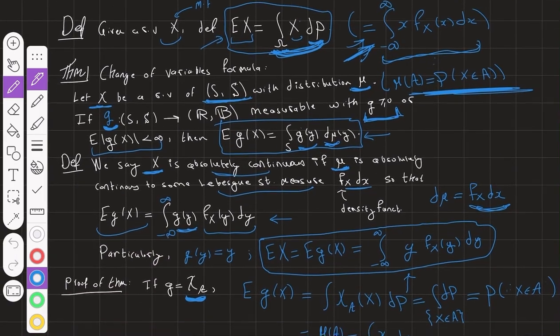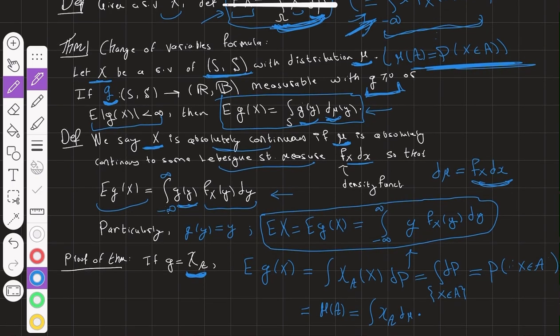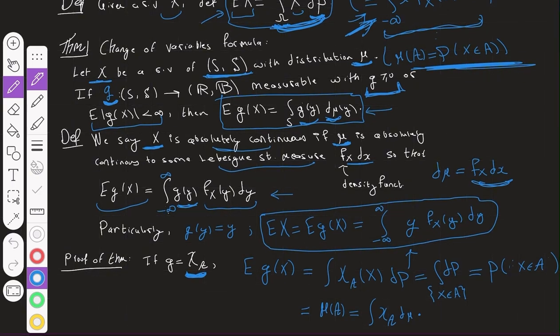In view of this, we can observe that if we have simple functions, which are linear combinations of indicator functions, then this property continues to hold trivially by linearity, and then it follows for non-negative functions by convergence theorems, because we're assuming this thing.